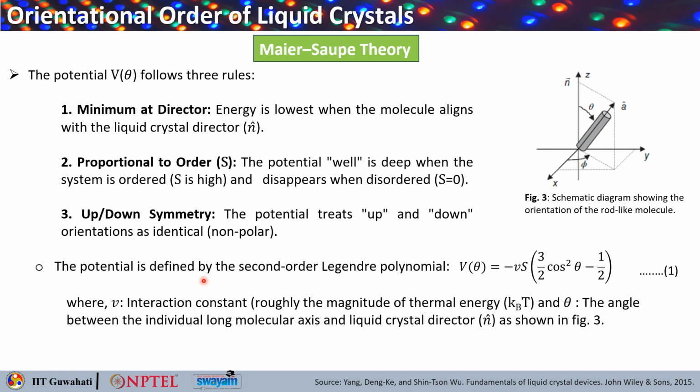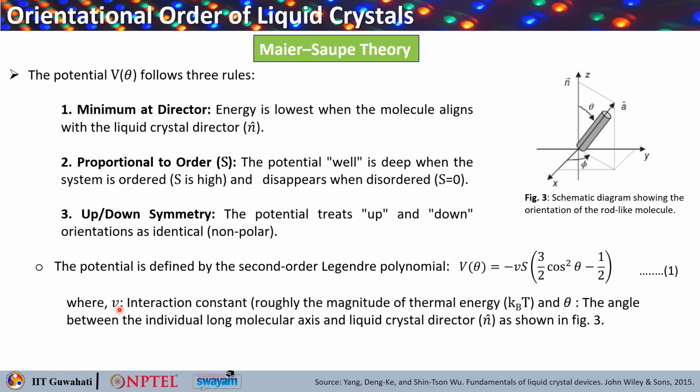With that, the potential is defined by the second order Legendre polynomial. V theta can be written as minus nu, the interaction constant, times S times 3 by 2 cos square theta minus half.